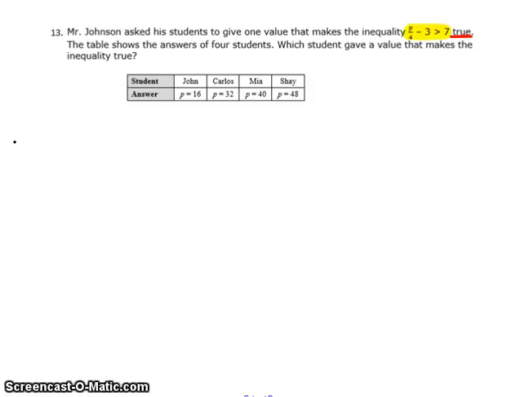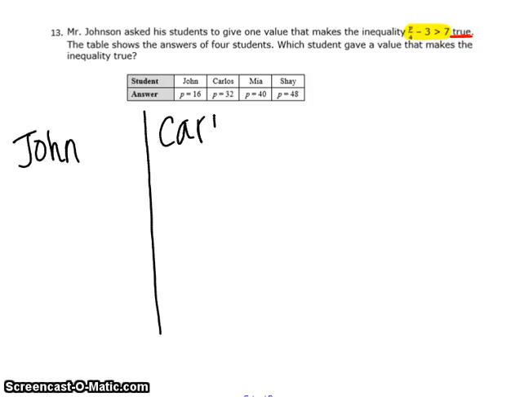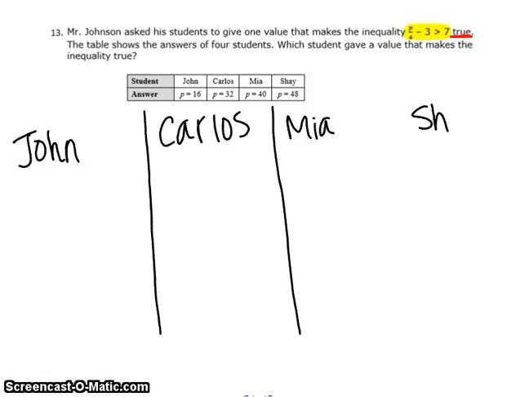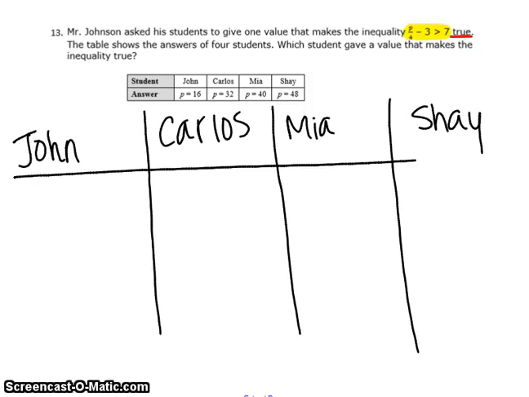Alright, so what I want to do is set up my problem like this. I want to separate all of these students. I have John, I have Carlos, I have Mia, and I have Shay. So I want to start with the inequality that they give us. So p divided by 4 minus 3 is greater than 7.